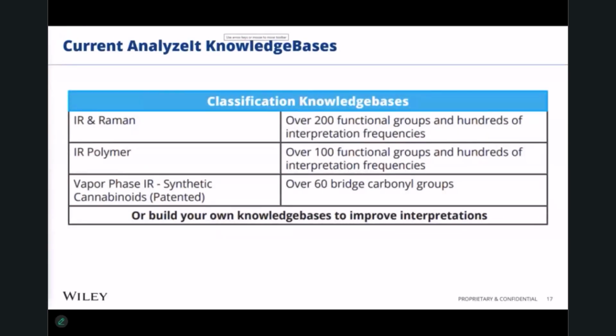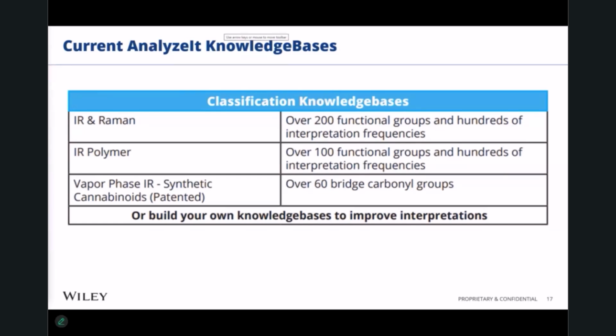And so these are the current KnowItAll knowledge bases. As you can see, the knowledge bases are different based on the techniques. The techniques available are organic IR, polymer IR, vapor phase IR, and Raman. As you can see, the vapor phase IR is quite specific to synthetic cannabinoids, whereas the other ones are a bit more general.